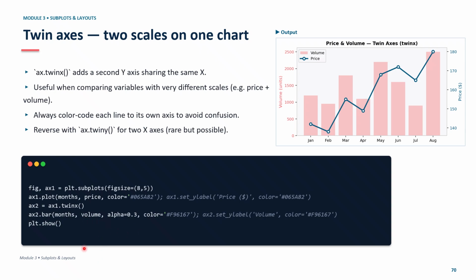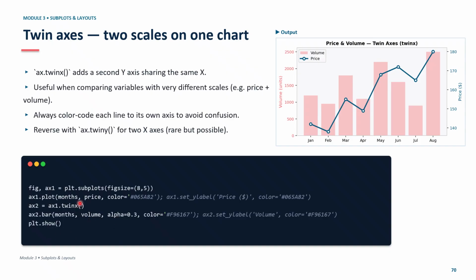When you plot your two different series, each on its own axis, say ax1.plot(month, price), the price will be on the left y-axis, and ax2.bar, the volume on the right y-axis. So color coding is really mandatory. This is the most critical rule here: when you have two different y-axes, you must color code properly.